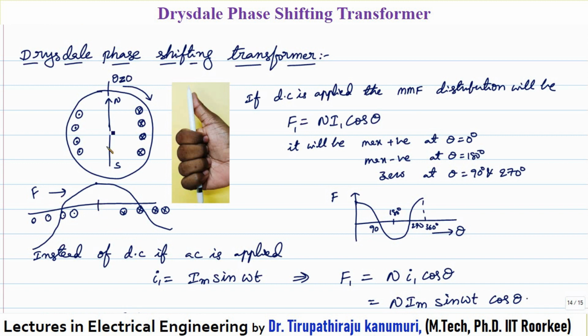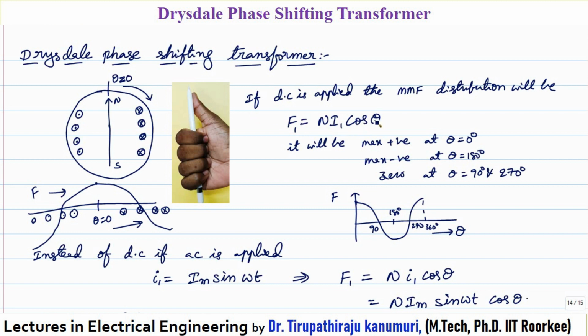At this center I am taking theta equal to 0, and theta is varying like this. This is my reference point. The equation for the MMF with respect to theta, along the stator axis, I can write as F equals N, the number of turns of this conductor, multiplied by the current passing through each turn, I1, multiplied by cos theta.